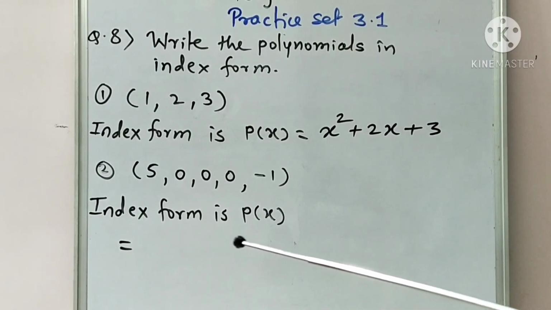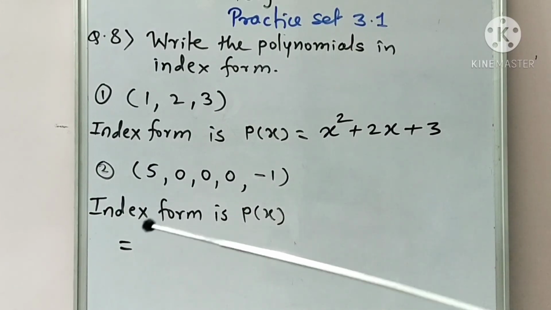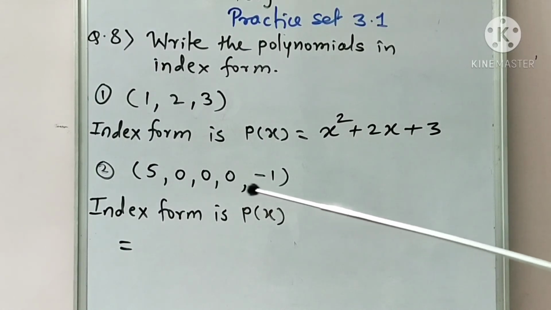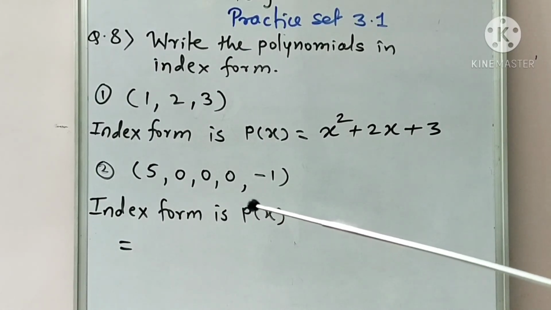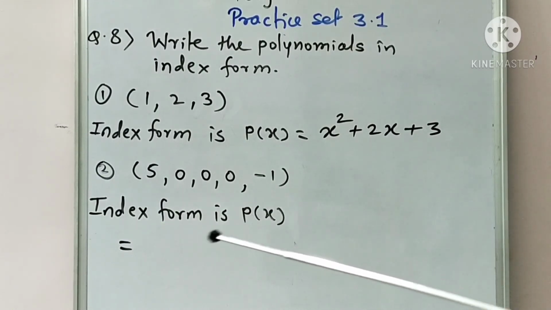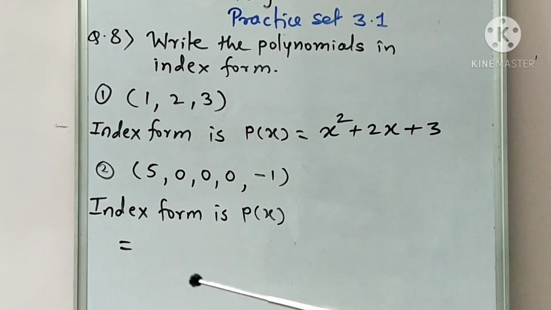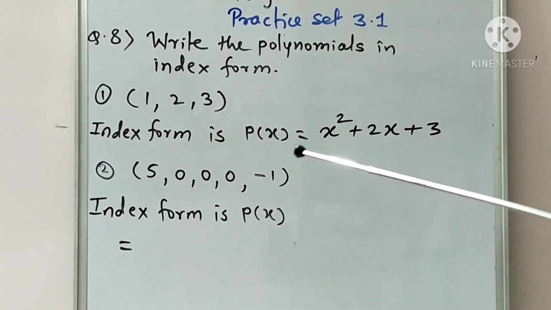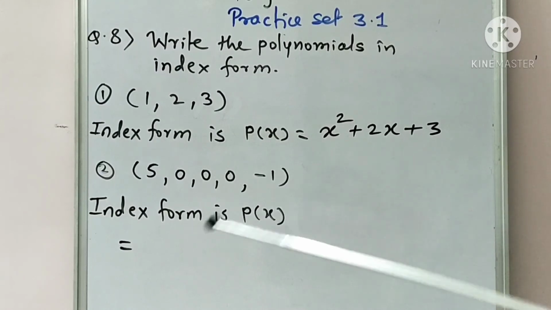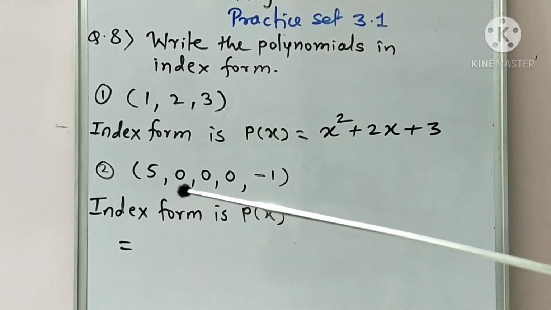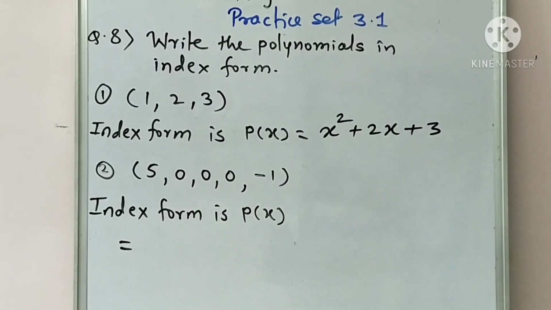To write down its index form we have to select the degree of this polynomial according to the number of coefficients. The degree is less by 1, which means it's 4. Okay, x ची हायेस्ट पॉवर किती करणार, 4, आणि त्याच्या डिसेंडिंग ऑर्डरने taking these coefficients we write down the polynomial. So pay attention over here.